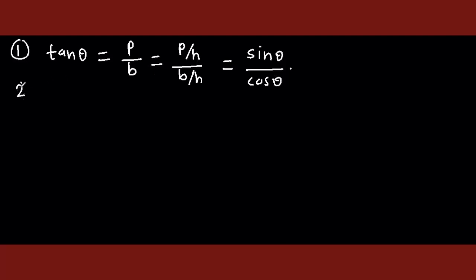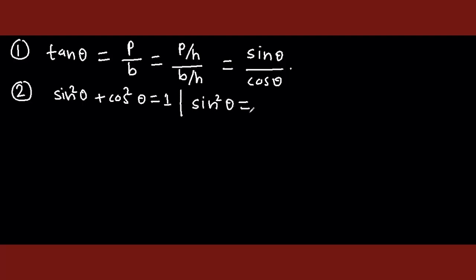now second is sine square theta plus cos square theta is equal to 1, or you can write this as sine square theta is equal to 1 minus cos square theta, and this is given by 1 minus cos theta into 1 plus cos theta.